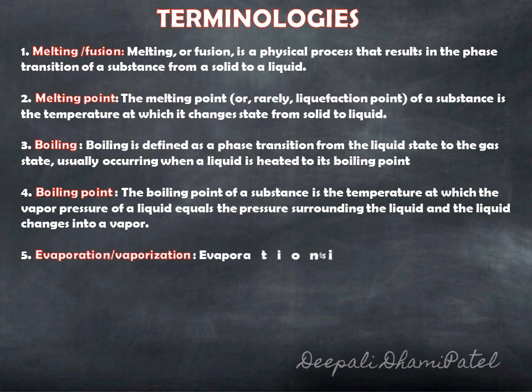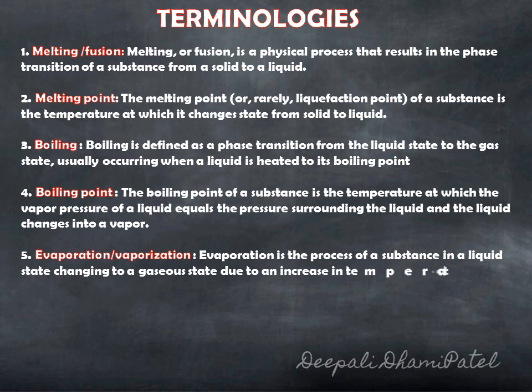Evaporation or vaporization. Evaporation is the process of a substance in a liquid state changing to a gaseous state due to an increase in temperature or pressure. No extra heat is manually given during this process.